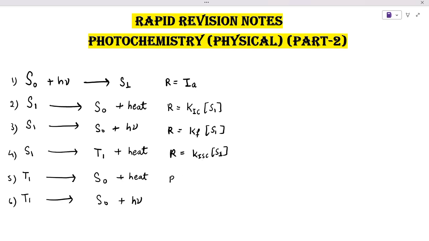In the fifth step, the rate equals kISC dash T1. Then the last step, the sixth step, has the rate constant kP. kP is the rate constant for phosphorescence. These are the steps involved in the molecular transitions.